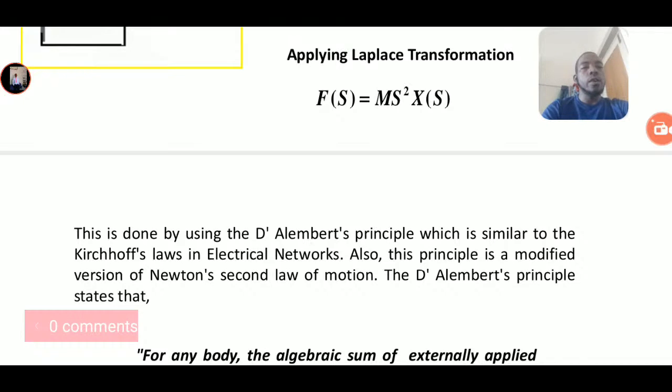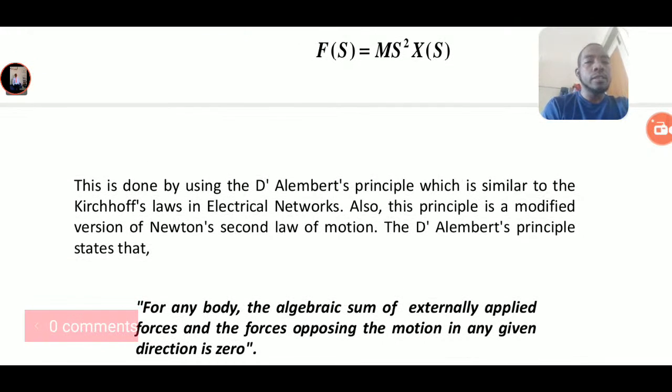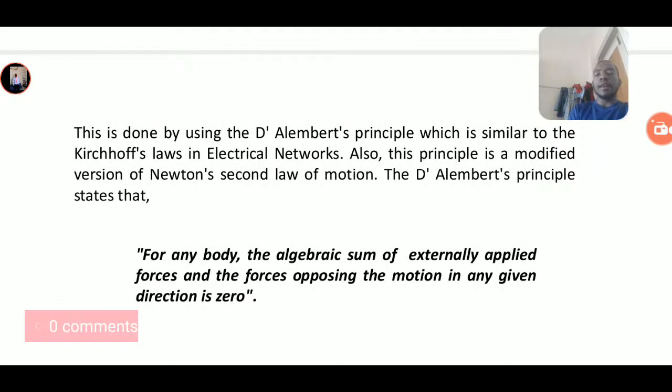Here we are using D'Alembert's principle, which is similar to Kirchhoff's laws in electrical networks. This principle is a modified version of Newton's second law of motion.